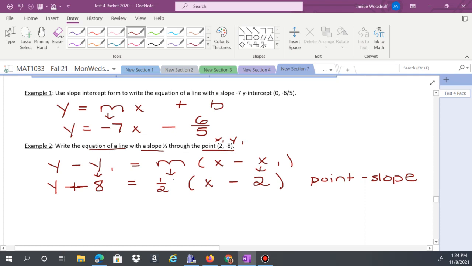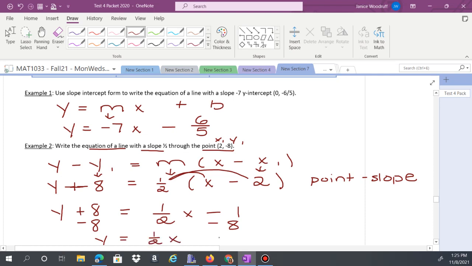Okay, so then there you would want to work this out. We would take the 1/2 and distribute it: 1/2 x, and 1/2 times negative 2 gives us negative 1. Bring down the y plus 8, and then you just want to solve for y here. So we would subtract the 8, and that would give us y equals 1/2 x minus 9.